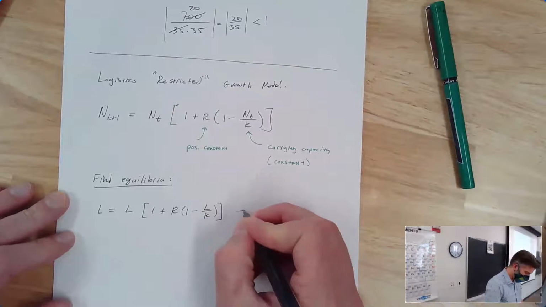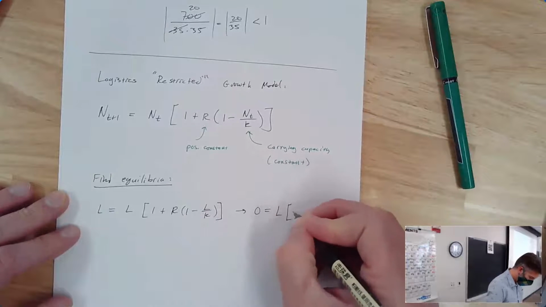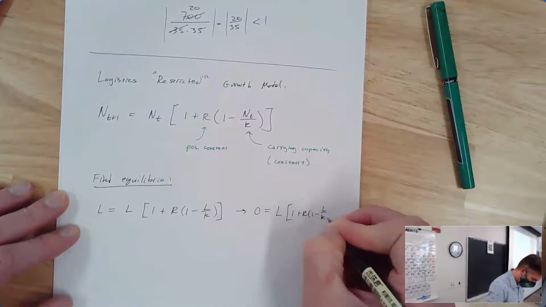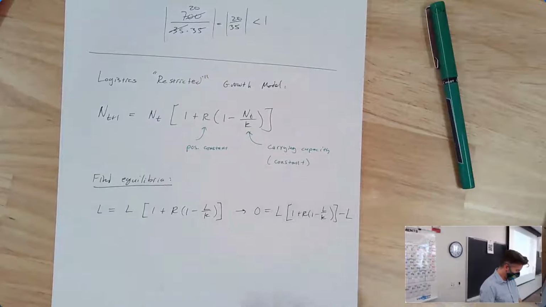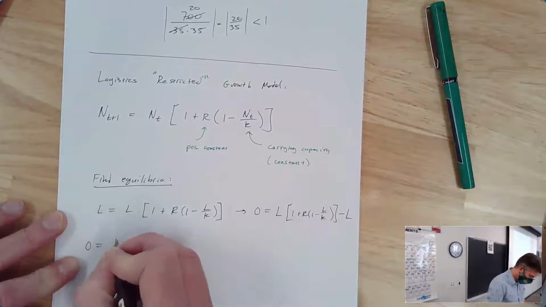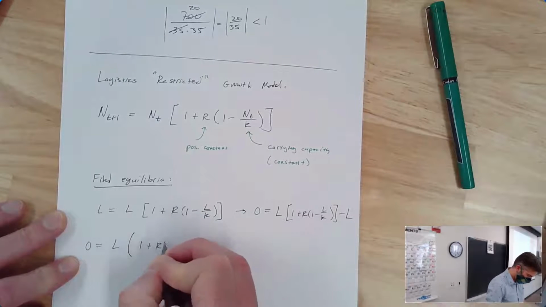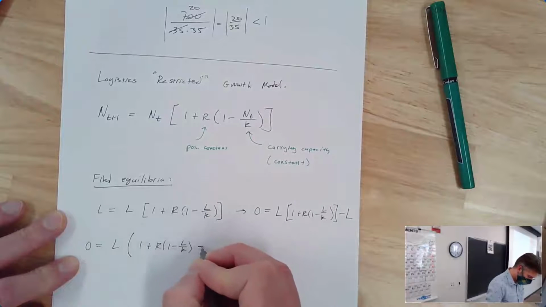So I would say 0 equals L times 1 plus r times 1 minus L over k, minus L. And then I'd probably factor out an L. So 0 equals L times 1 plus r times 1 minus L over k, minus 1.